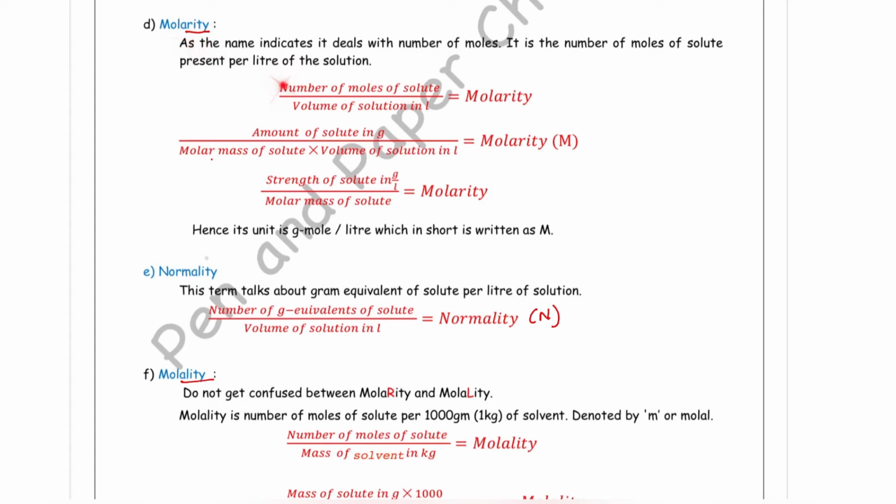Molarity, simply put, is the number of moles of solute in a given volume of the solution expressed in liters. So if I am saying that a solution is 1 molar, that means I have 1 mole of solute present in 1 liter of the solution, right?